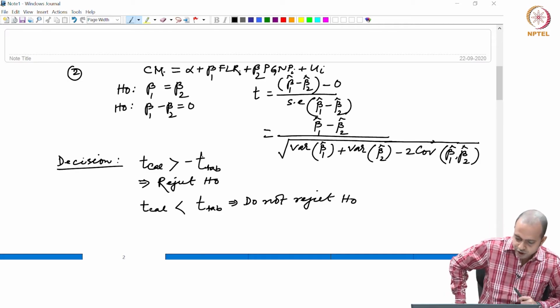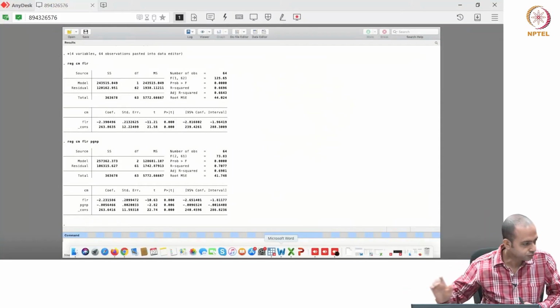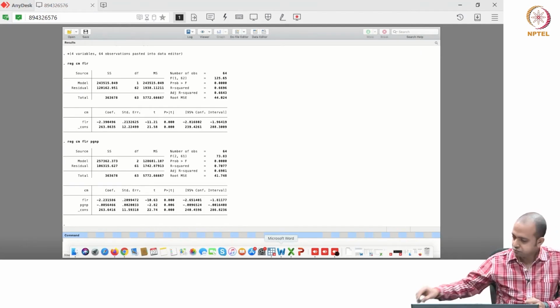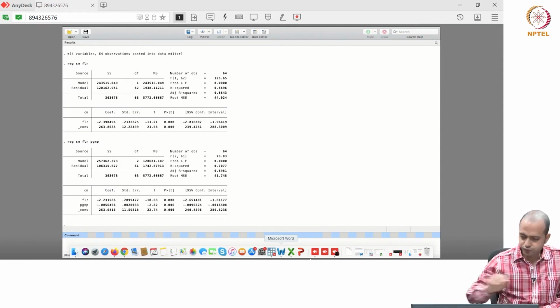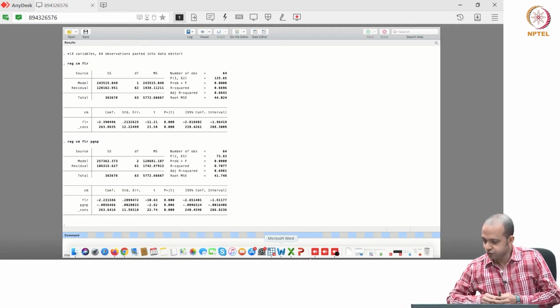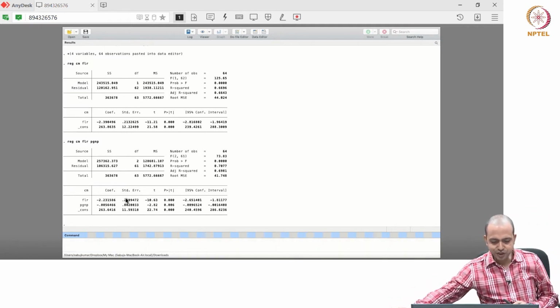Now, from this model I will show you how to implement this particular hypothesis testing using the software. I have already run the complete model. So, from here I have everything. Variance of beta 1 hat, variance of beta 2 hat: you have the standard error.